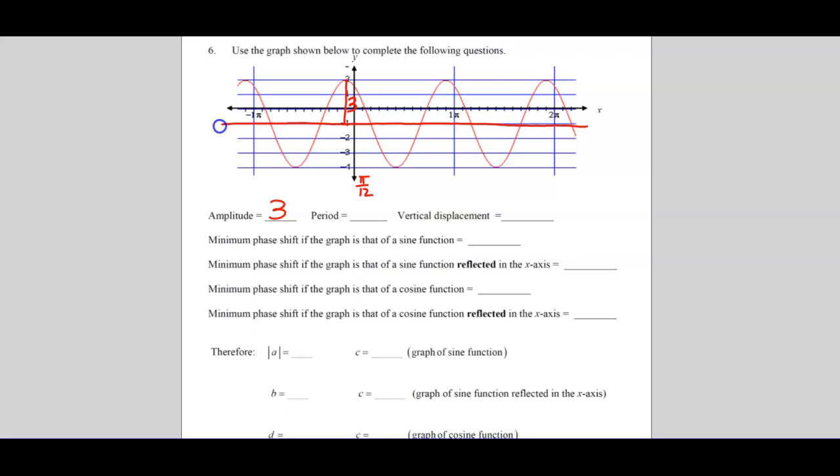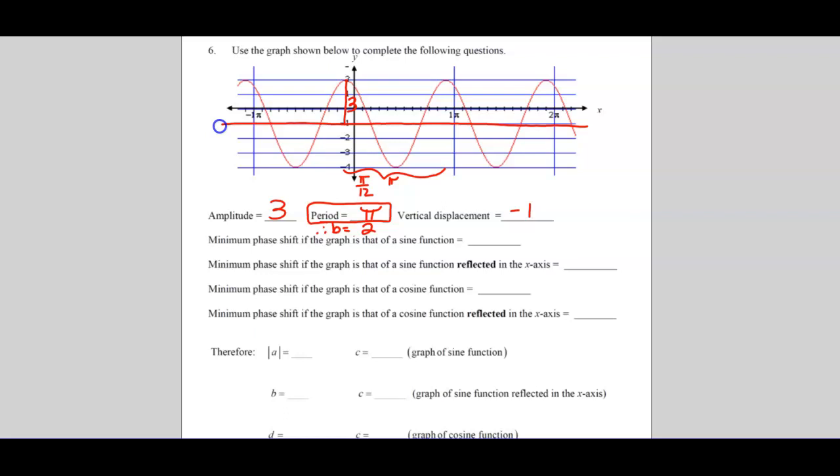So if you think about it, that distance from here to here is pi units. So that means B is going to be 2. Vertical displacement from our midline is -1.